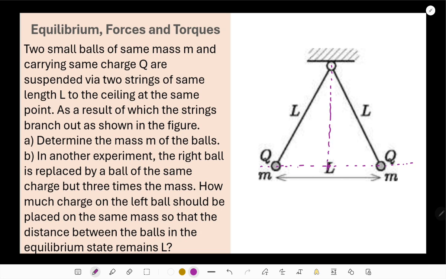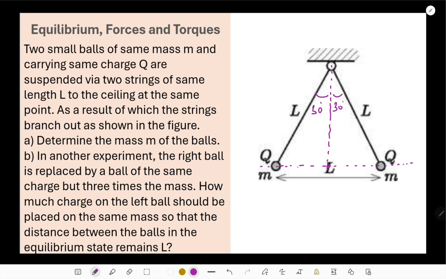So the equilibrium is looking fine to me, and this angle is also 30 degrees because the picture is an equilateral triangle.